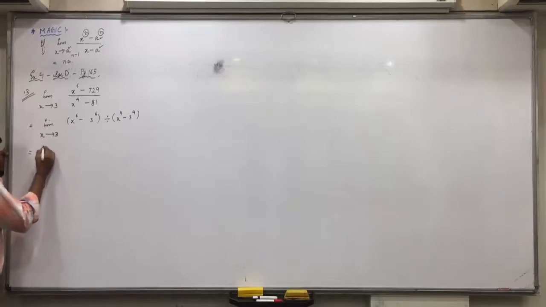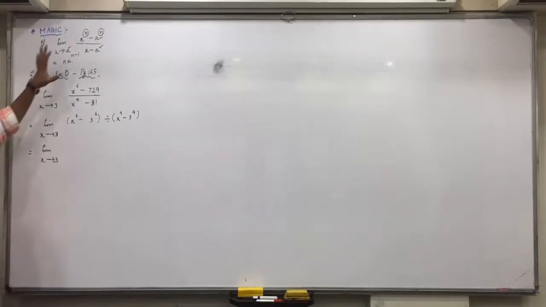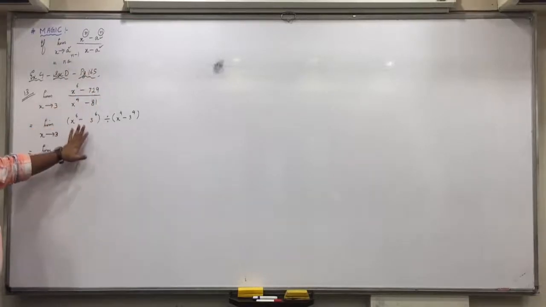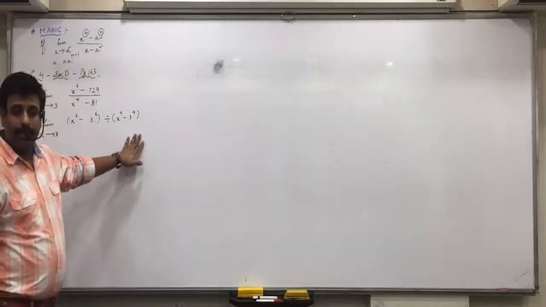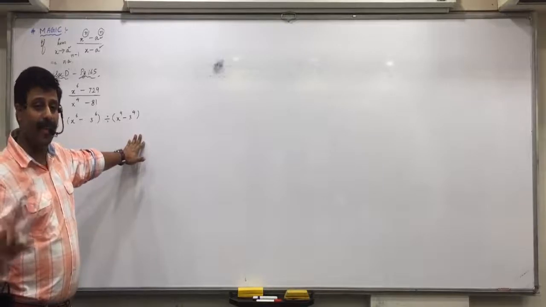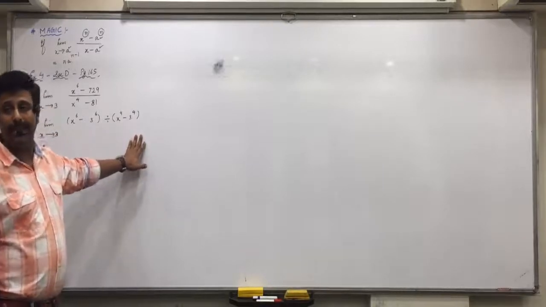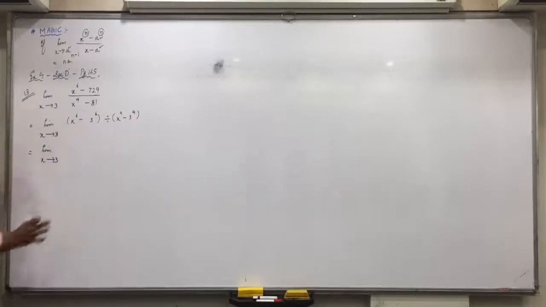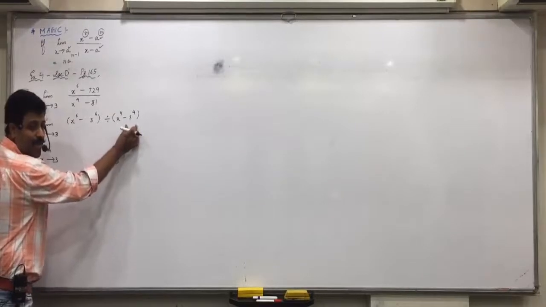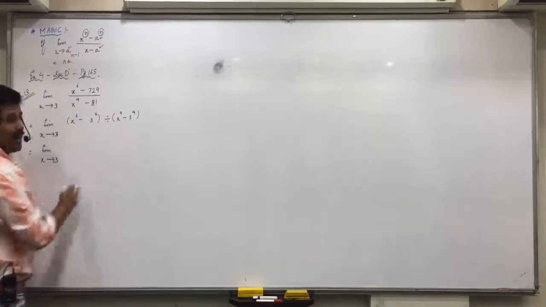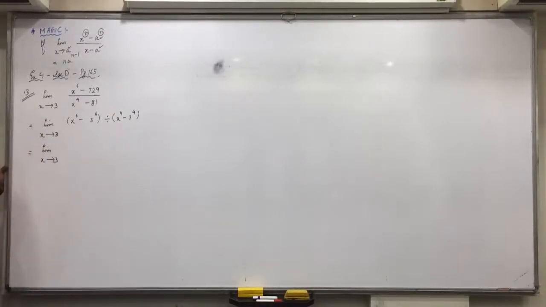Now, limit x tends to 3. Now to convert into this order, if you divide both the factors by the same value, will the overall value remain the same or not? If you divide both of them by the same number, then the same number would get cancelled and the overall value would remain the same. So divide both of them by x minus 3.